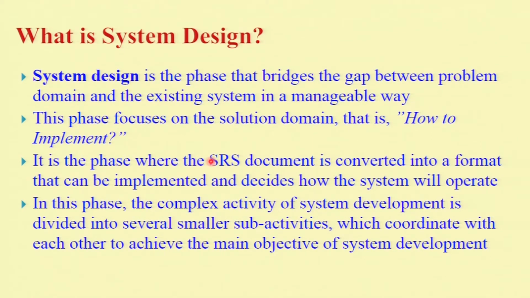It is a phase where the software requirement specification document is converted into a format that can be implemented and decides how the system will operate. In this phase, the complex activity of system development is divided into several smaller sub-activities which coordinate with each other to achieve the main objective of system development.